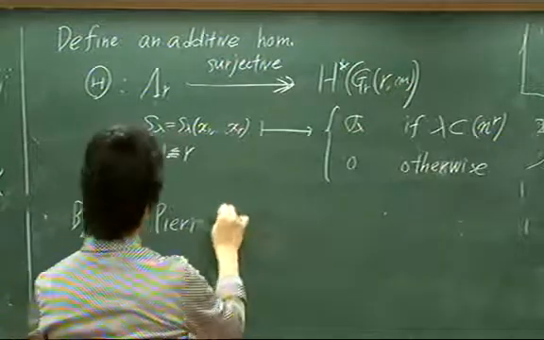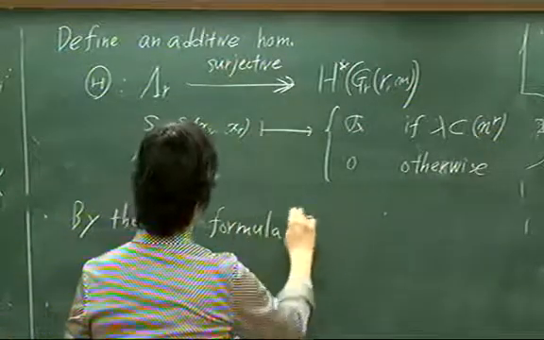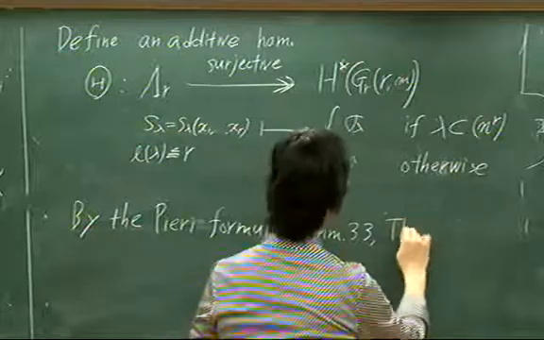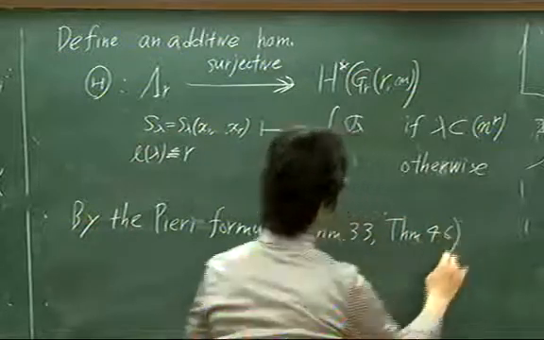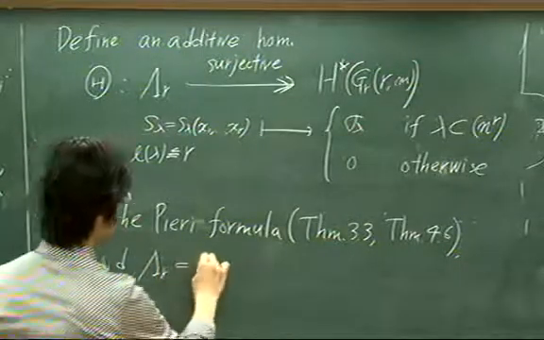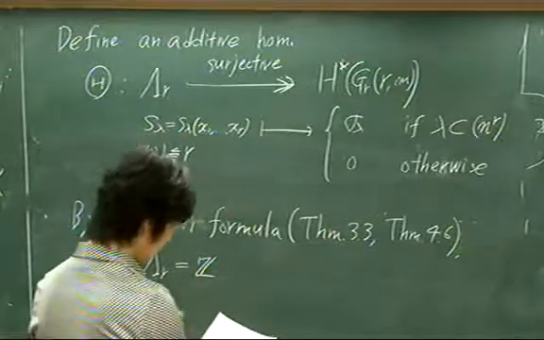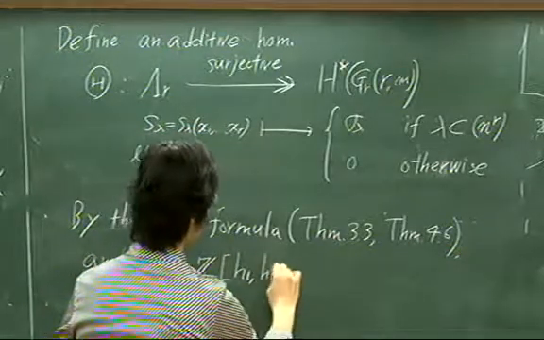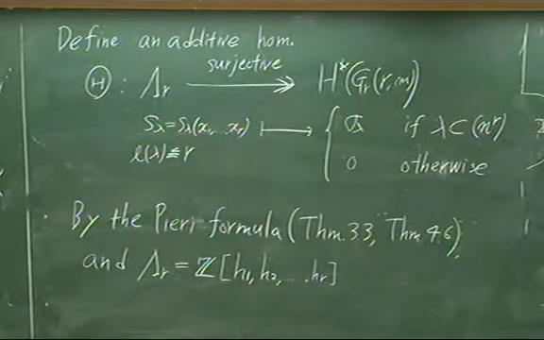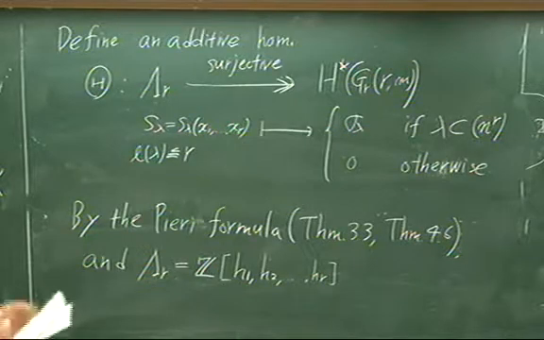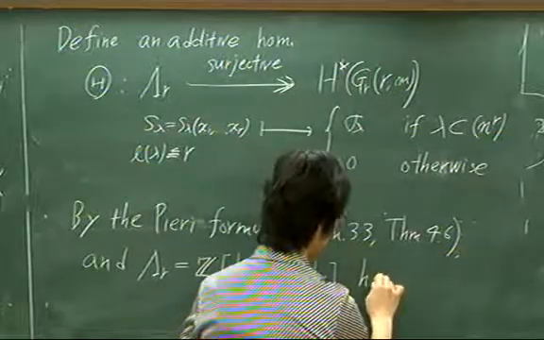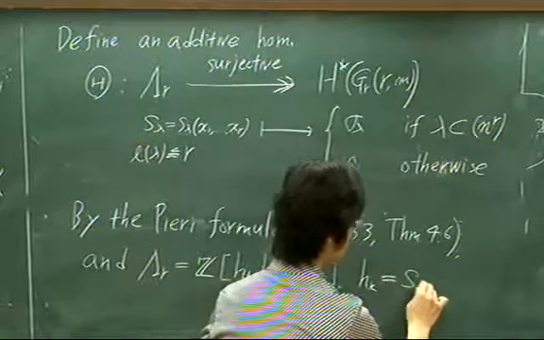In fact, this theta becomes a ring homomorphism, because by the Jacobi-Trudi formula, theorems 3 and 4, and lambda_R is generated by complete symmetric polynomials. I forgot to say, in fact, the complete symmetric polynomial is a special case of Schubert polynomial.